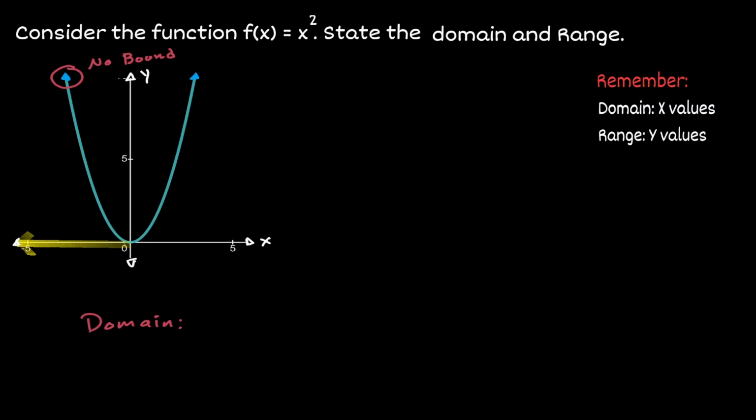And notice that with the graph that we are given, if we look at the x values, if we keep moving towards the left-hand side, I'm always going to be able to find some y value that goes with it. If I keep choosing more x values to the left, I am going to be getting another value on the y. And one thing to recognize is that this function does not have any holes in the graph. And this function does not have any kind of asymptotes on the left.